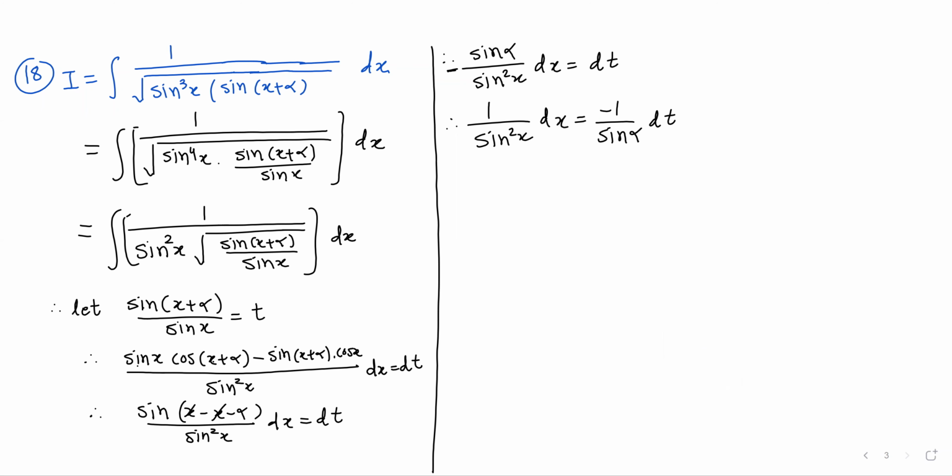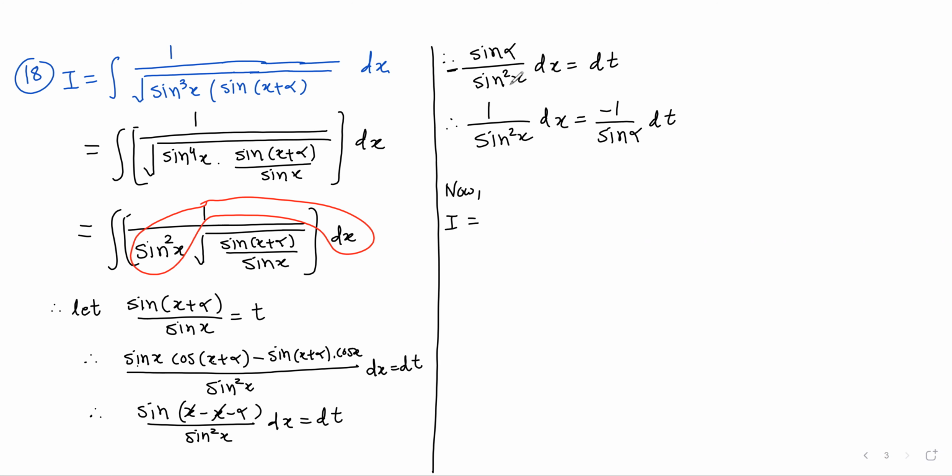Now substitute in I. I is equal to, again, our dx, this one, 1 upon sin square x dx. This whole term is replaced with minus 1 upon sin alpha dt.